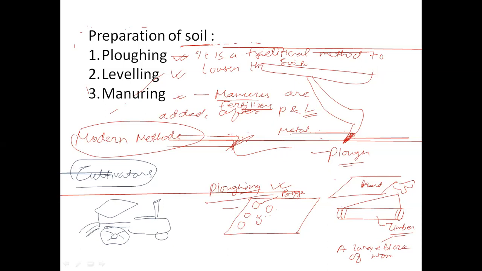You must have seen that. This tractor attached with this hook-like structure is called a cultivator. Modern methods for loosening the soil are much more efficient because in a short span of time, a large piece of land can be cultivated.